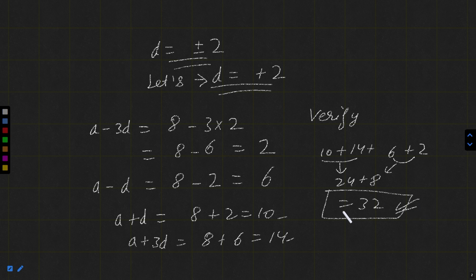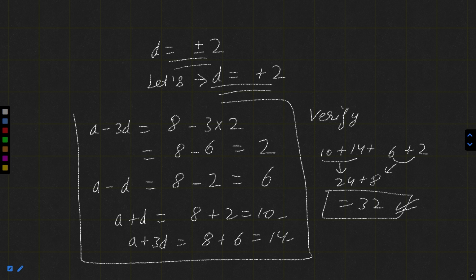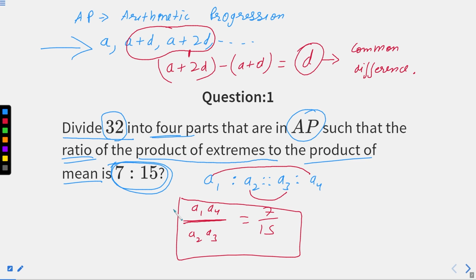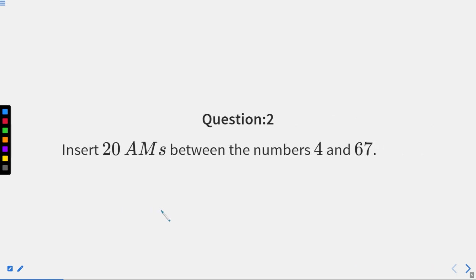So my answer is this. The AP, or the parts of 32 in the form of AP, is 2, 6, 10, 14. Okay, so this is my answer. Clear? Let's jump to our next question.